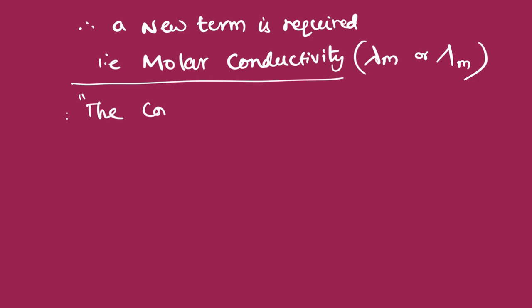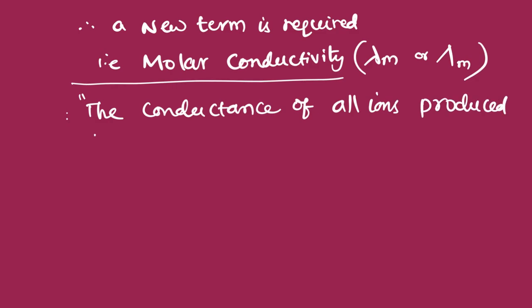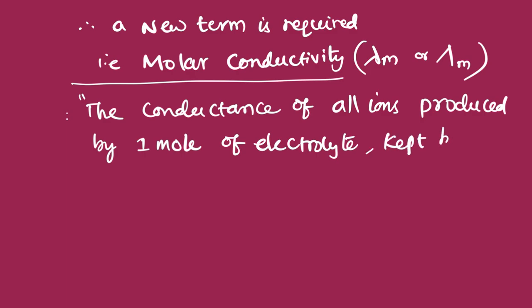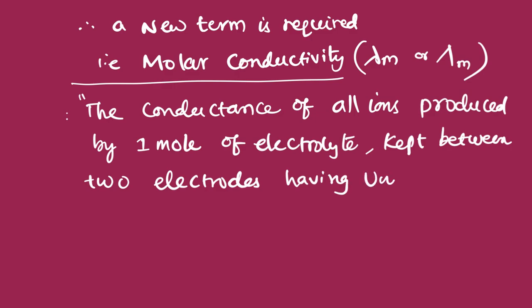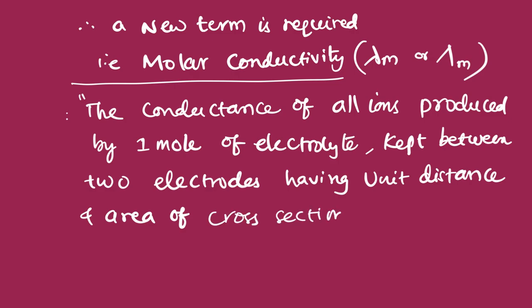Molar conductivity definition: the conductance of all ions produced by 1 mole of electrolyte, 1 mole of electrolyte kept between two electrodes having unit distance and area of cross section A. Sorry, area of cross section is not 1 unit.